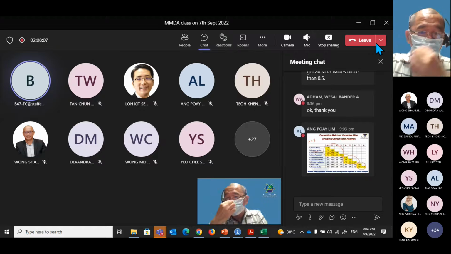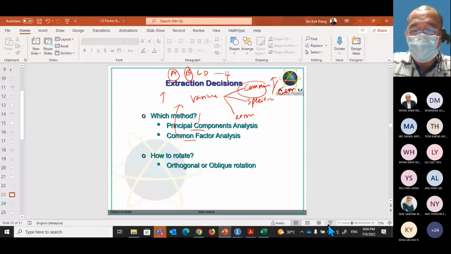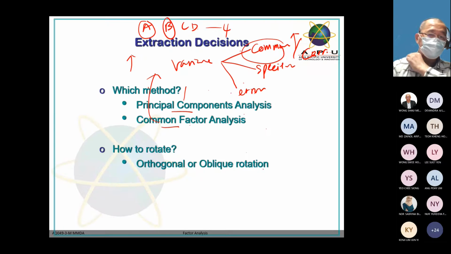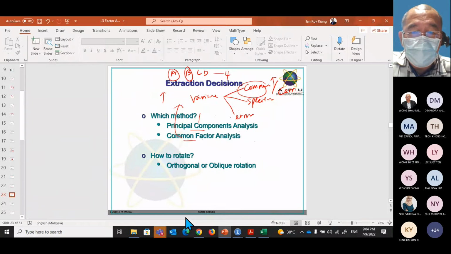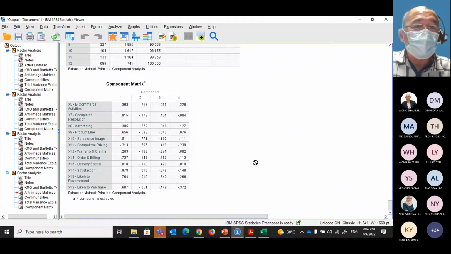Okay, so if no problem, now we continue with our discussion. Now we see the rotation that we also mentioned yesterday. So how to rotate? Remember this one, the last one is correct.